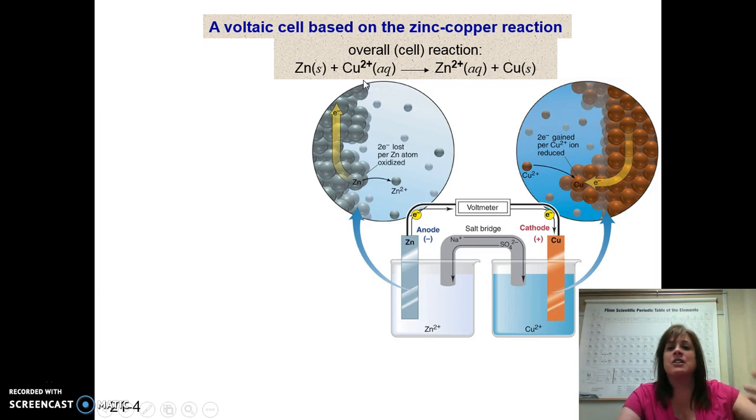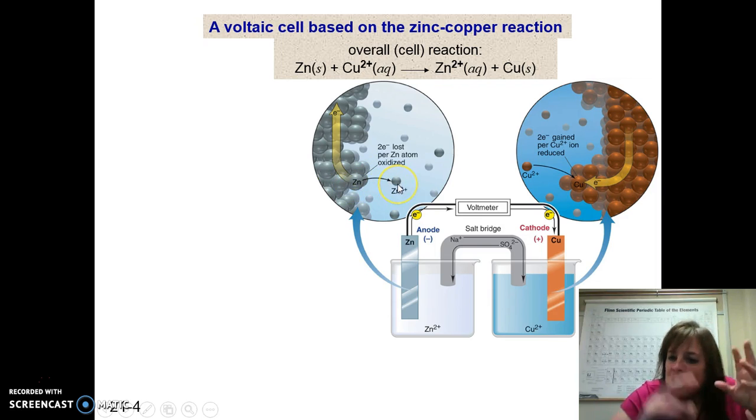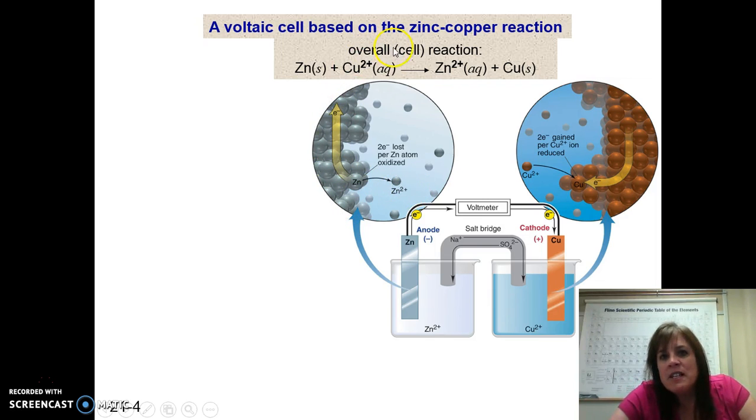I am gaining electrons. And if you look at the picture, a blow-up image of what's going on here, zinc is kind of dissolving. I'm losing zinc ion into the solution so that electrons can flow from the zinc all the way over into the copper. And when the electrons deposit in the copper, that means a copper plus 2 ion is going to come out of solution and deposit.